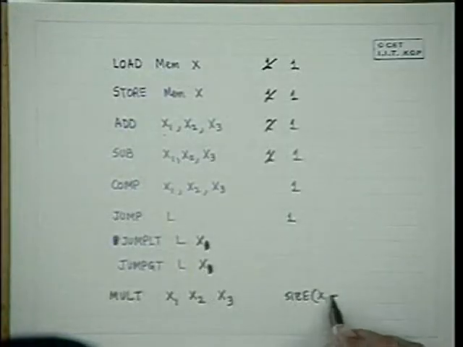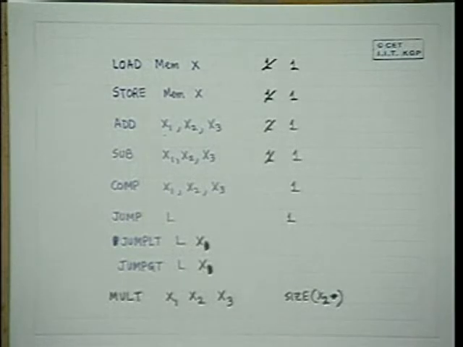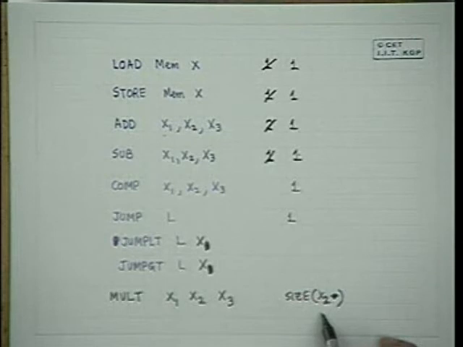How many times do you have to do addition to multiply two elements? You have to do it proportional to the size of the multiplicand. So it will be the size of one of them, the smaller or the larger of them. If addition is unit time, then this will be size of x2.